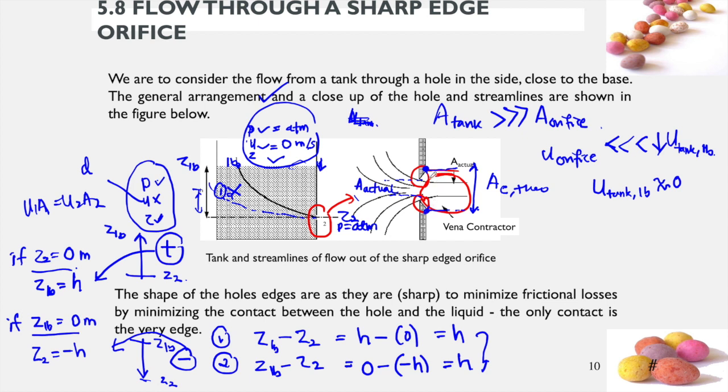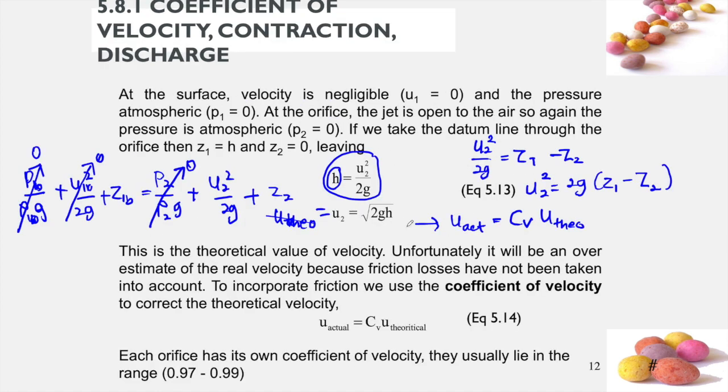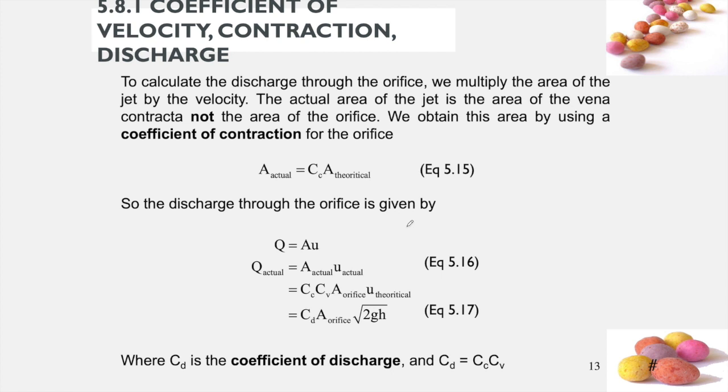So we have this diameter, theoretical. And then to get the actual area, you have to multiply with the coefficient of contraction. Therefore, A actual equals coefficient of contraction times A theoretical. A theoretical is pi d squared over 4.